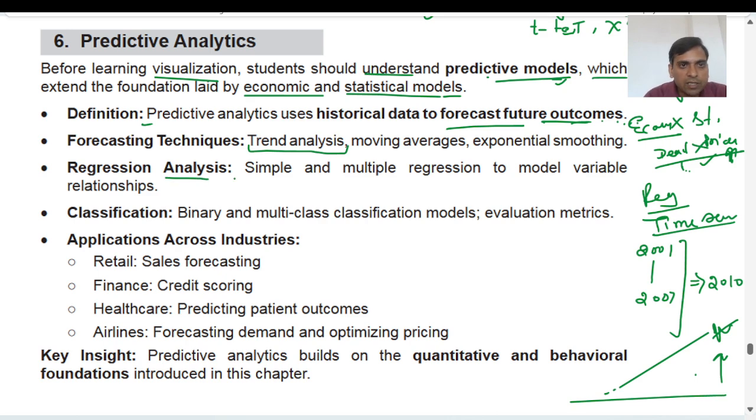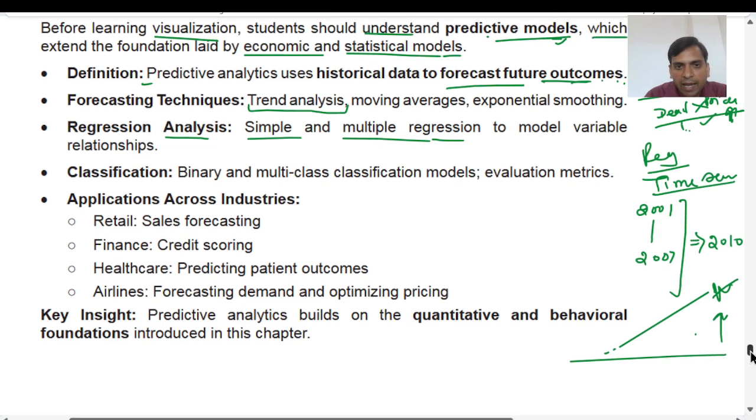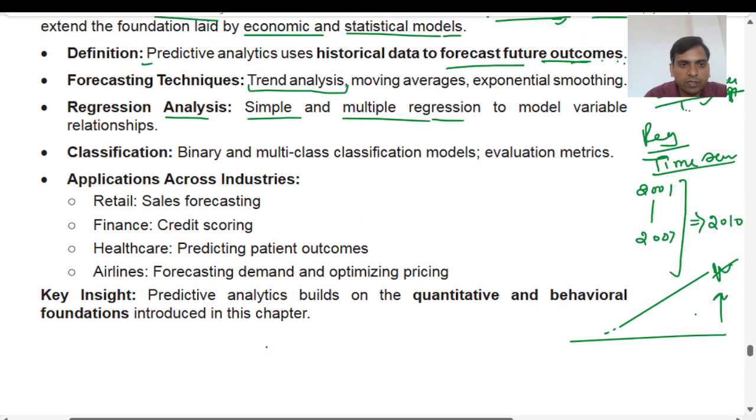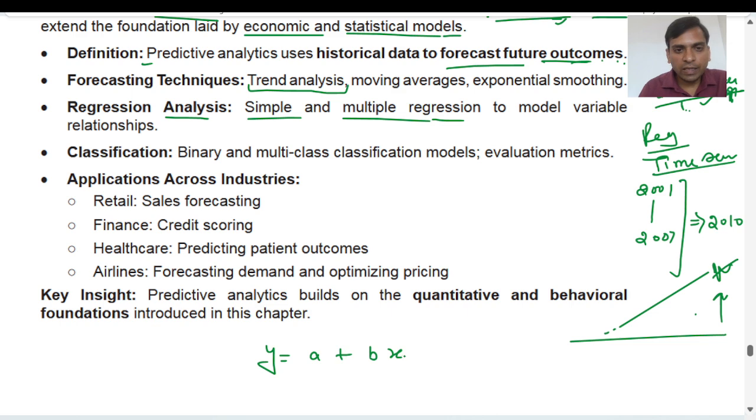And regression analysis: simple and multiple regression to model variable relationships. In the beginning, I considered one example of regression analysis, y equals a plus bx. Initially, we were producing only one product, only bed sheets. Second, we added more things: shirtings.